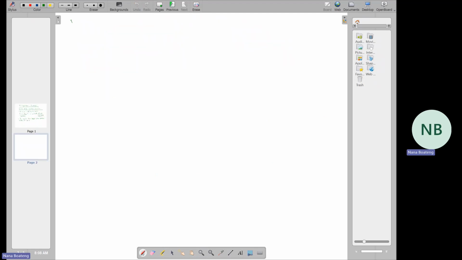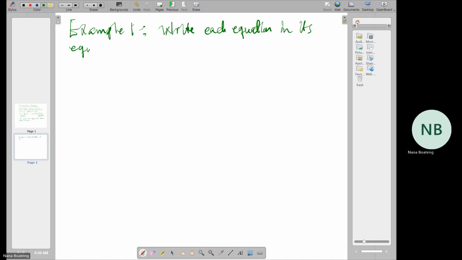So this is example 1. It says, write each equation in its equivalent exponential form.